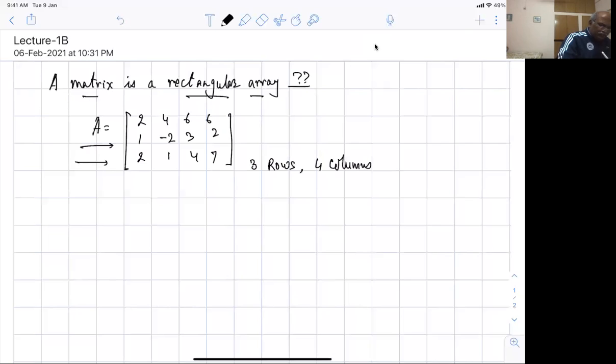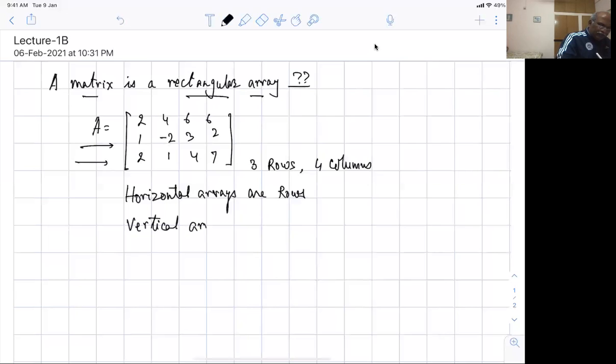The horizontal arrays are rows. Fine. Vertical arrays are called columns.